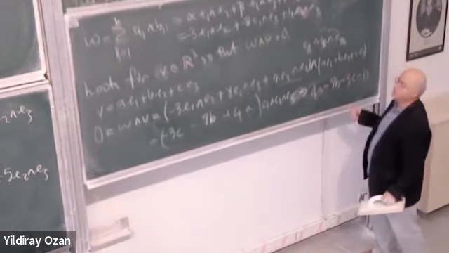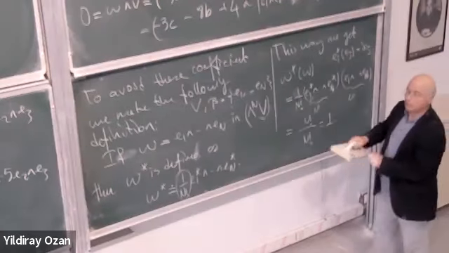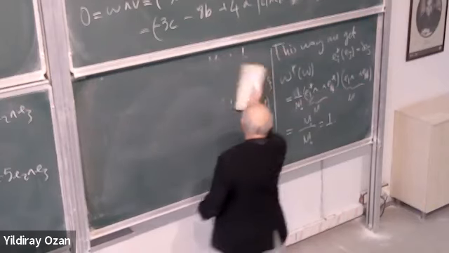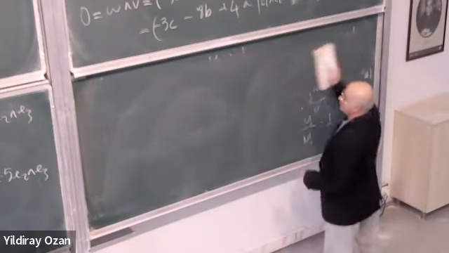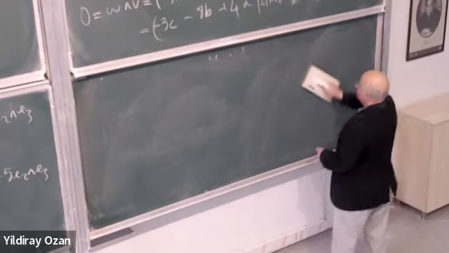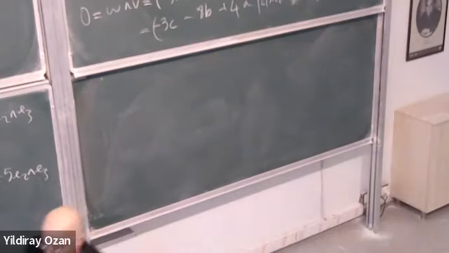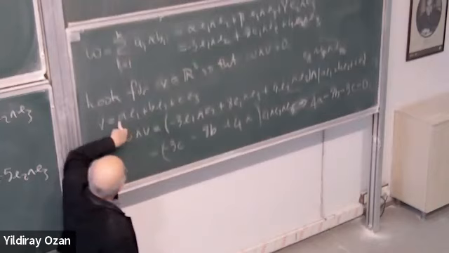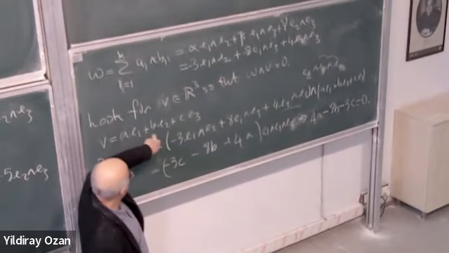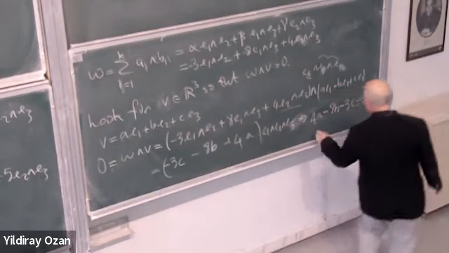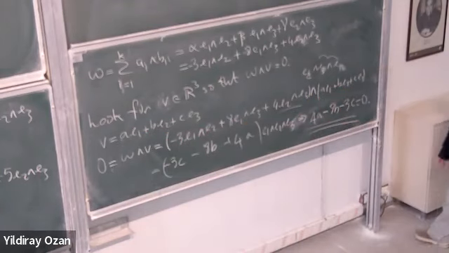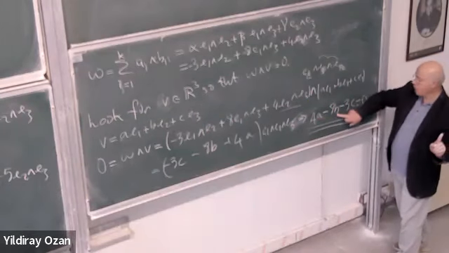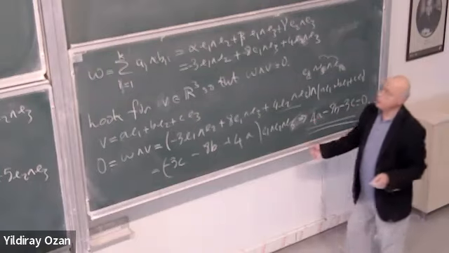Okay. Now, can we find vectors so that this is 0? A, B, C should satisfy this identity. So what I can do, for example, I can choose A equals 2, B equals 1, and C equals 0. So one choice is there.